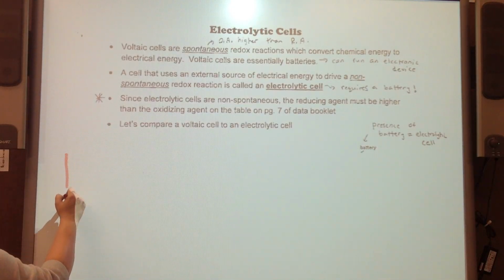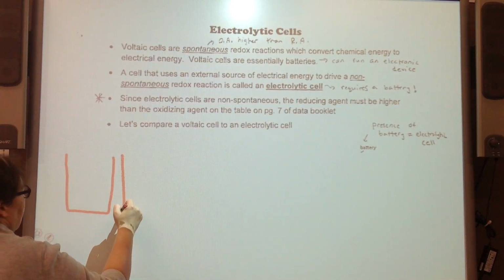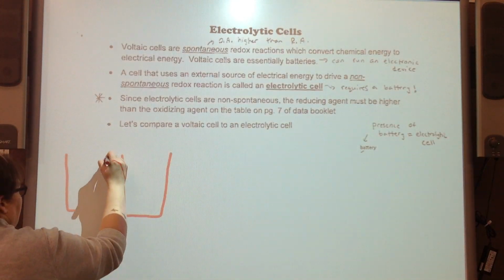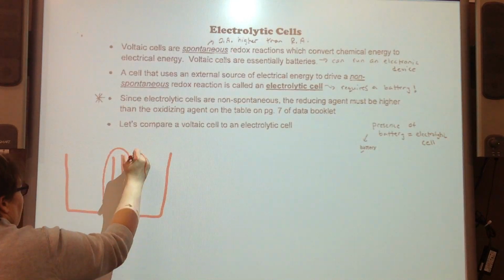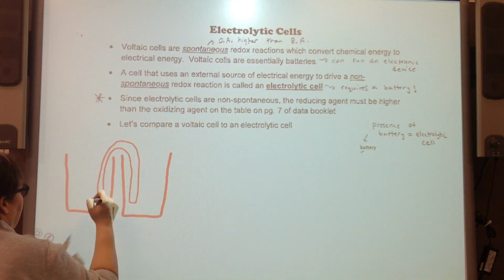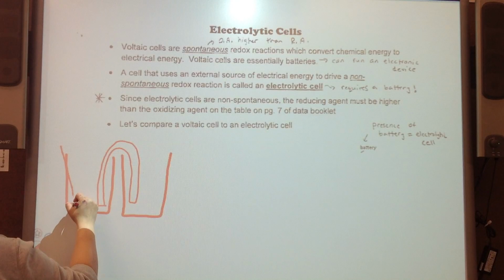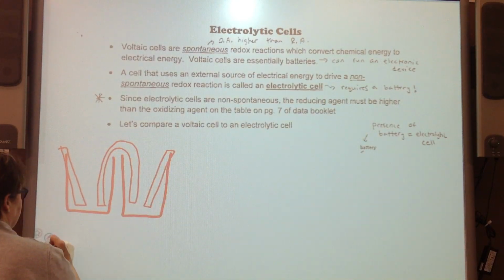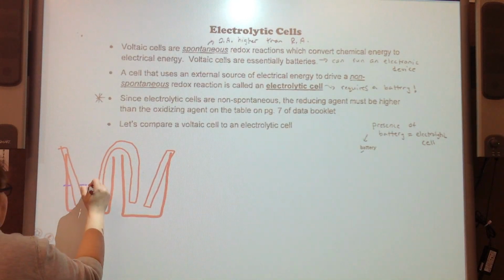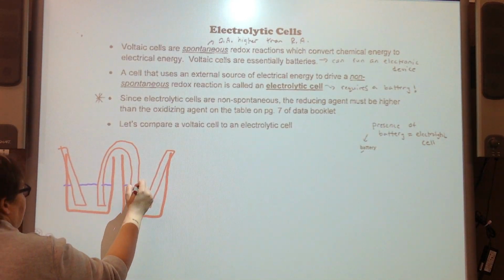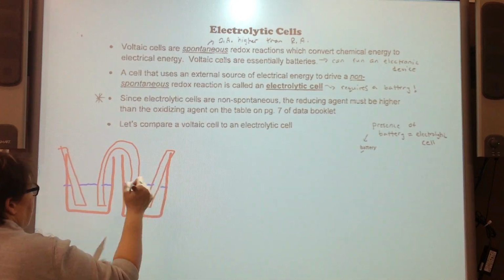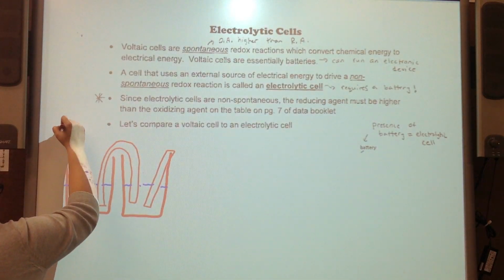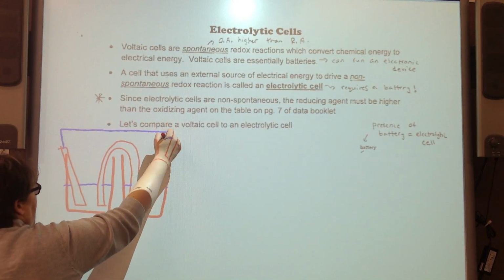So if we look at voltaic first, we have our salt bridge, we have our two electrodes, we have our solution that contains the electrolytes, and we have to have some way of recording that this reaction is actually happening.